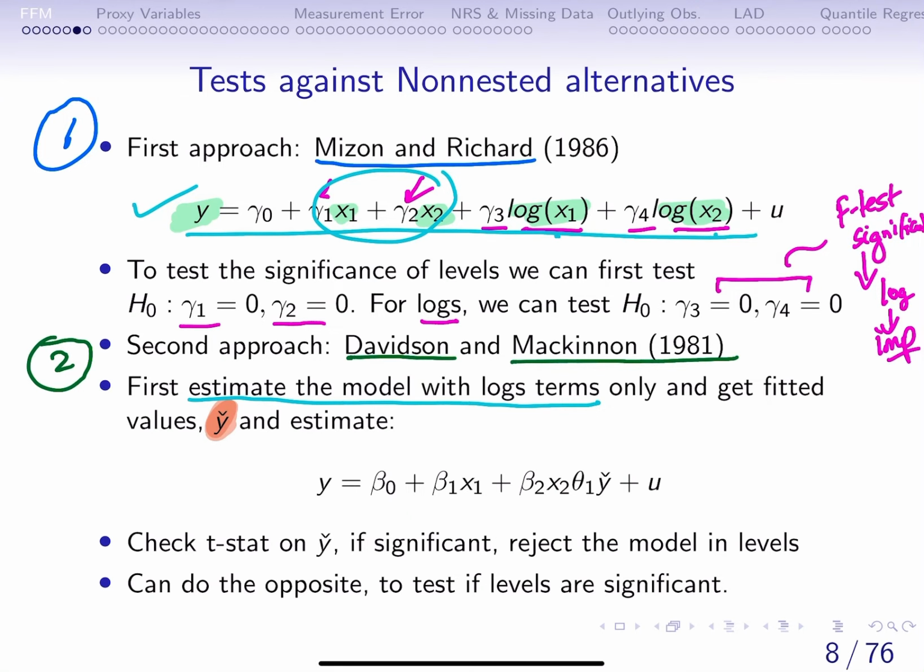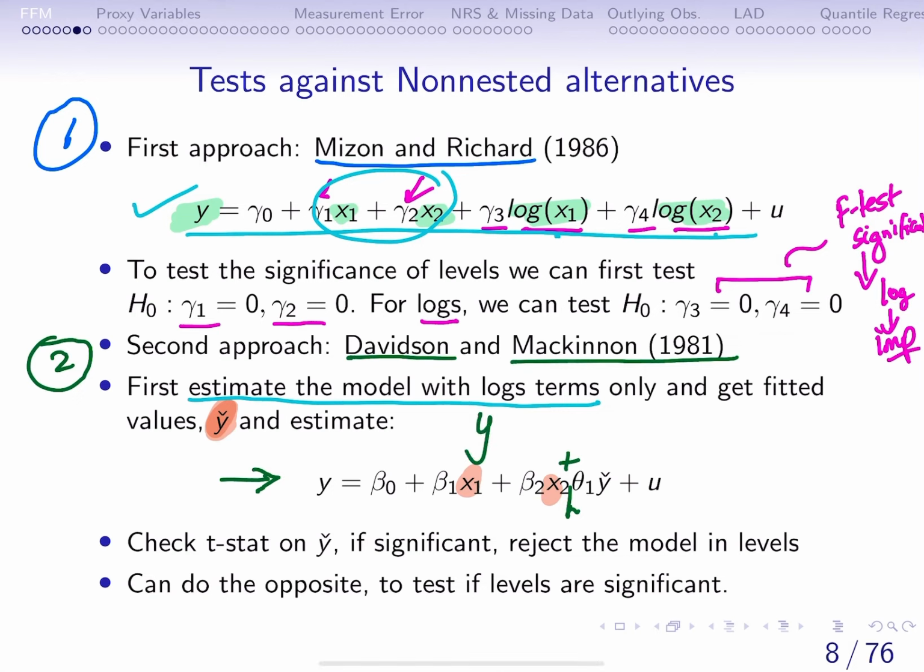And then you're going to regress y on x1 and x2, and there should be a plus sign here. This is a typo in my notes, which I will fix. Plus theta 1 times y caret.